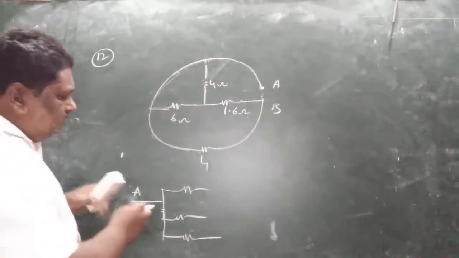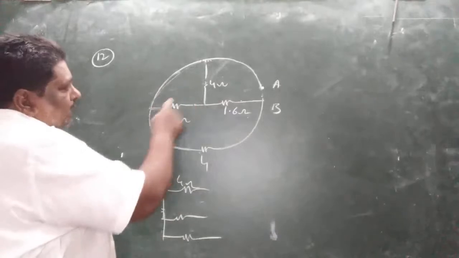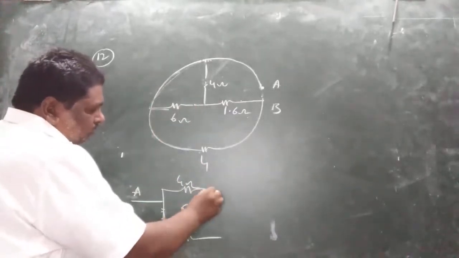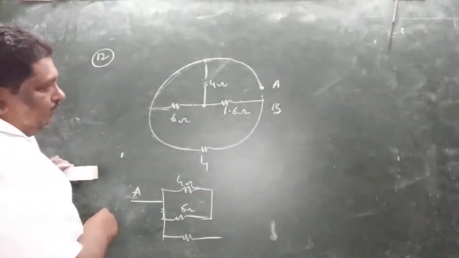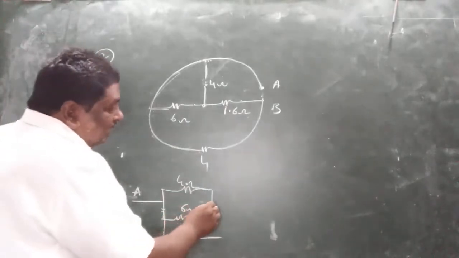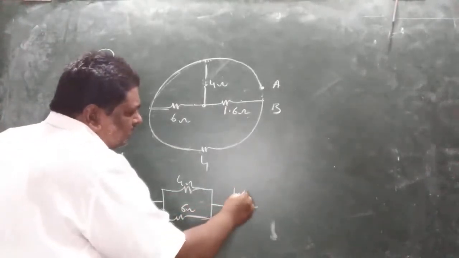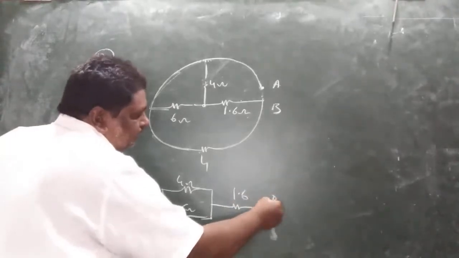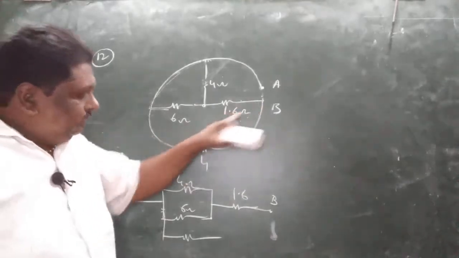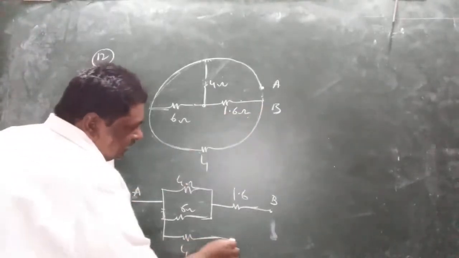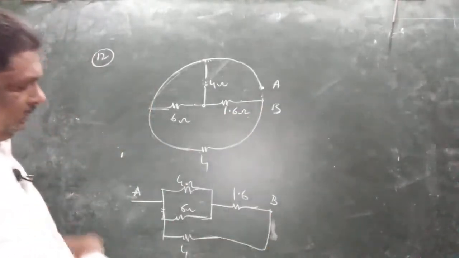Here 4 ohms, here 6 ohms, both are joined at this point. These two are again connected to 1.6 ohms. And here 4 ohms is directly connected to B.